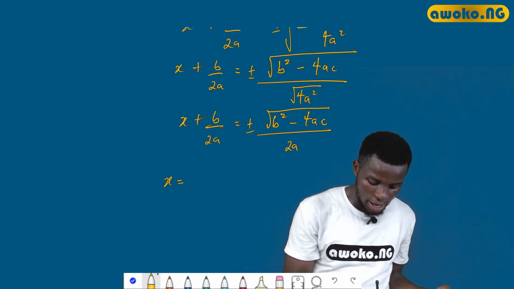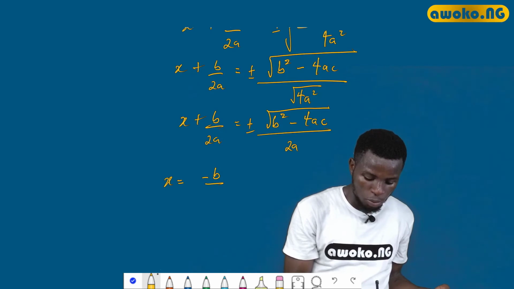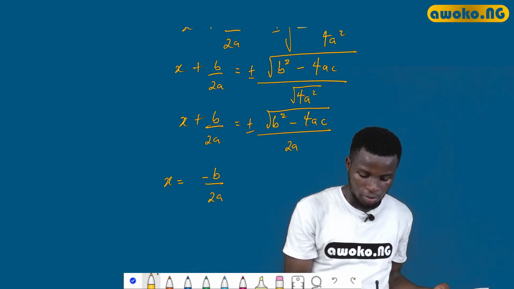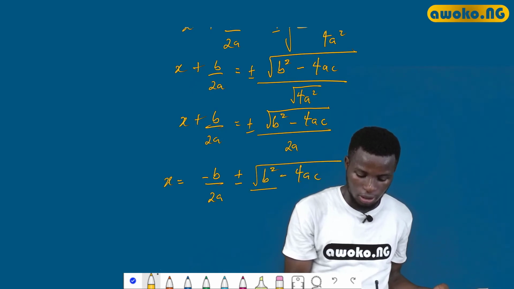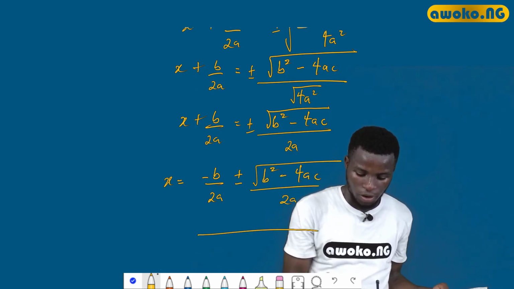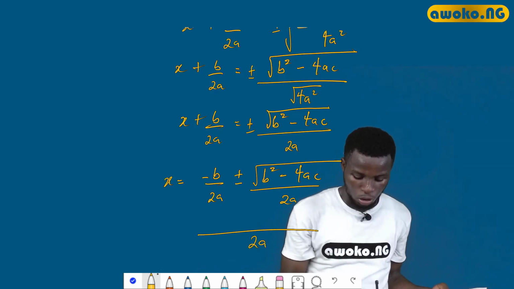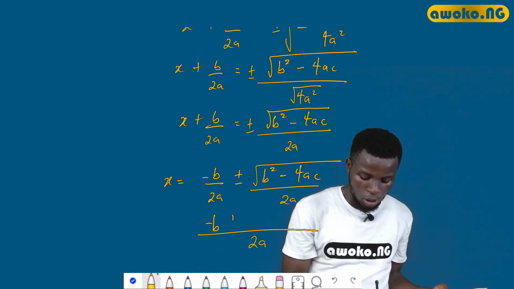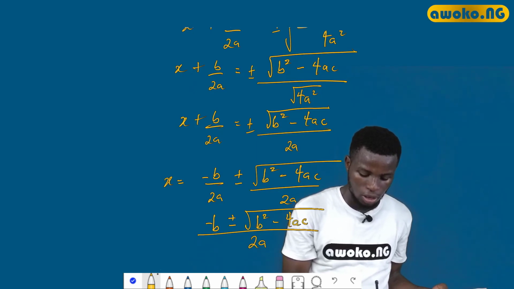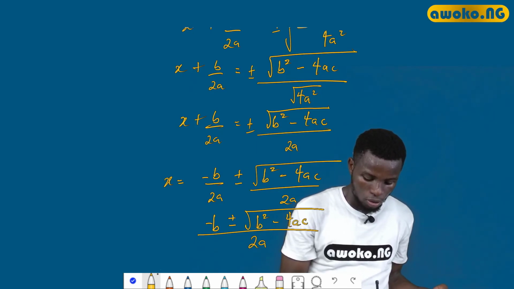We have x equals minus b over 2a plus or minus the square root of b squared minus 4ac all over 2a. If you find the LCM, which is 2a, this becomes minus b plus or minus the square root of b squared minus 4ac all over 2a, which is equal to x.